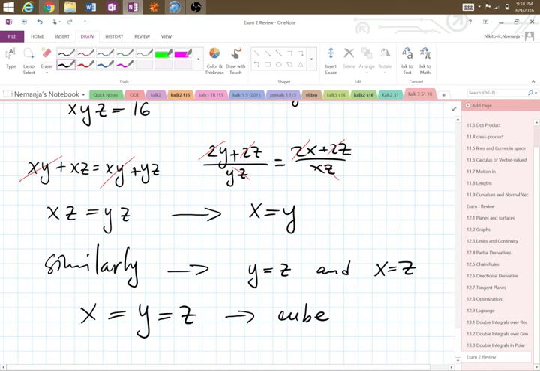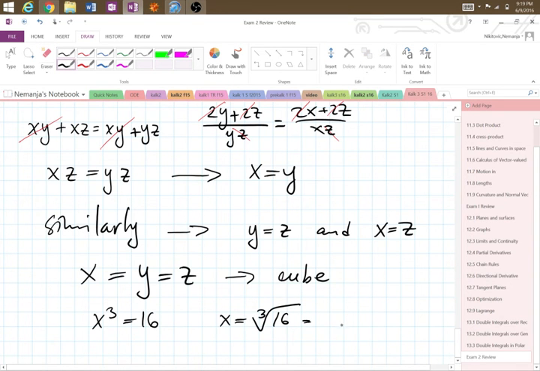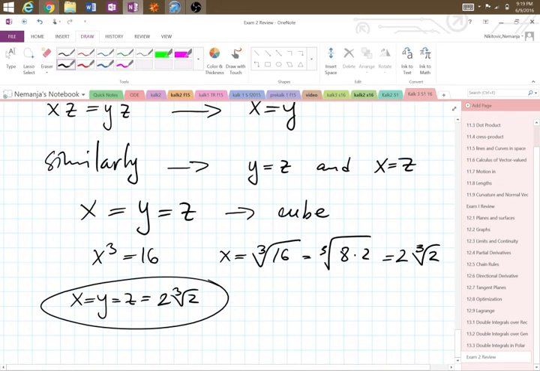Since the volume for the cube, x cubed is equal to 16, so x equals the cube root of 16. 16 can be written as 8 times 2, the cube root of 8 is 2, so 2 cube root of 2. So the dimensions are x equals y equals z equals 2 cube root of 2, and it's a cube.